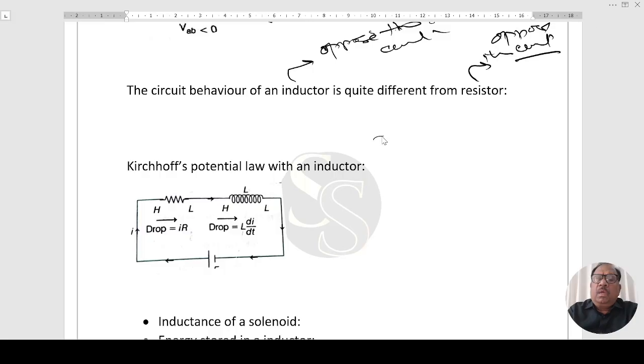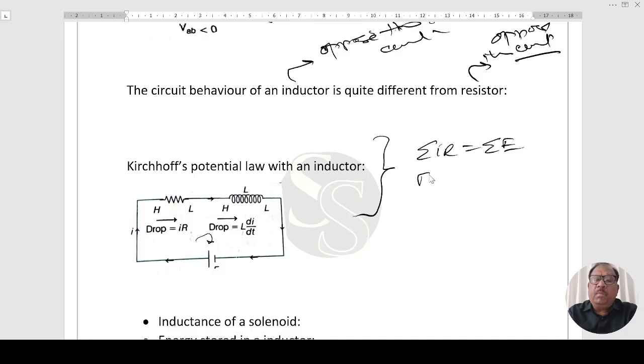In Kirchhoff's voltage law, summation IR equal to summation E. Sign convention, leaving point of the term is assigned the sign. In this case, current is flowing in this direction.